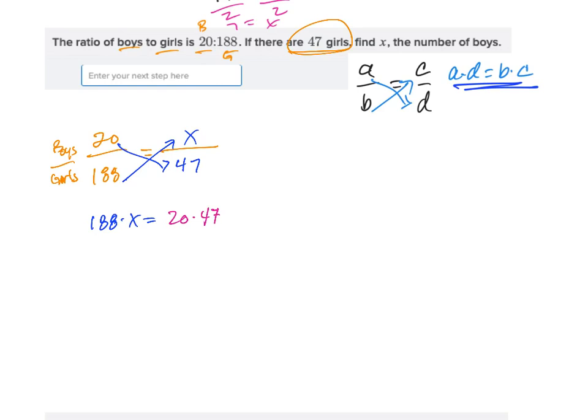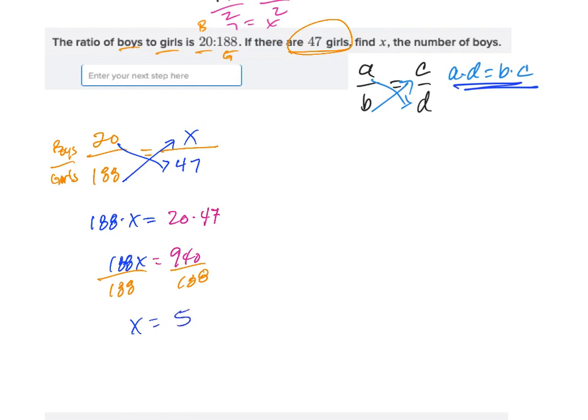So 20 times 47 is going to be 940. And then we still have the 188x. So now to solve that, we're going to divide both sides by 188, which means x equals 5.